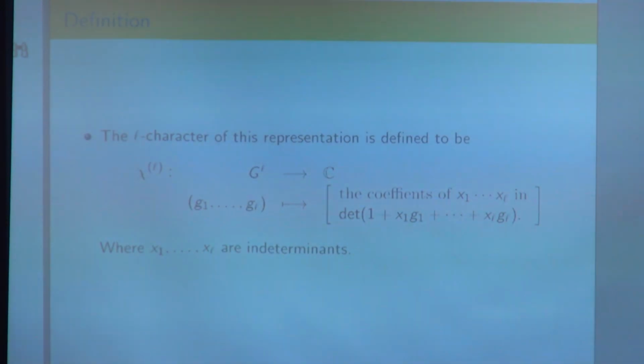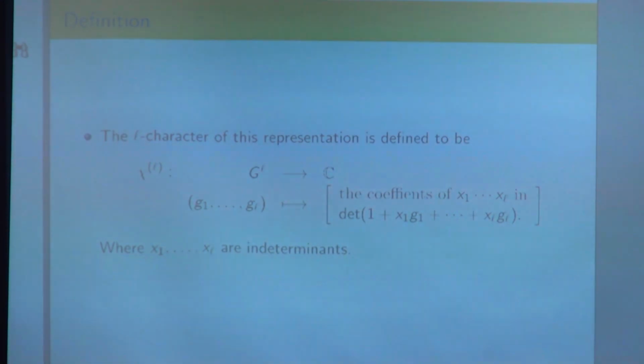And then the second thing is there is a very important concept in group representation, in history at least. It has a strong relation with the group determinant. We define the L-character to be the representation, to be the coefficient.